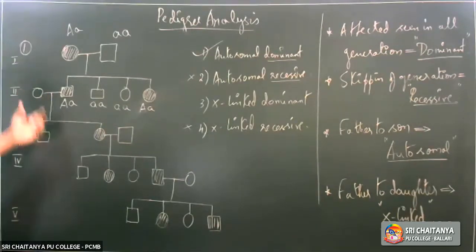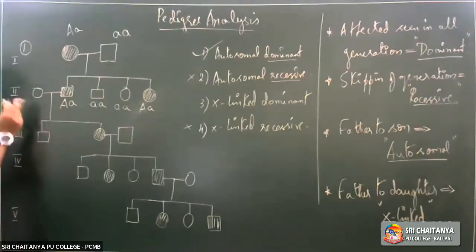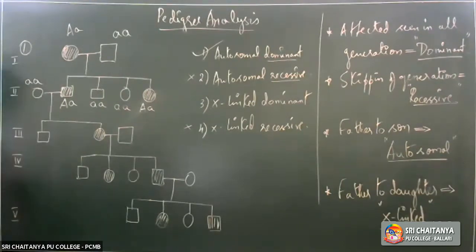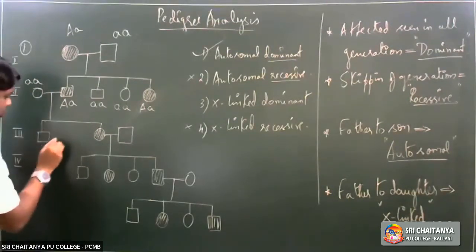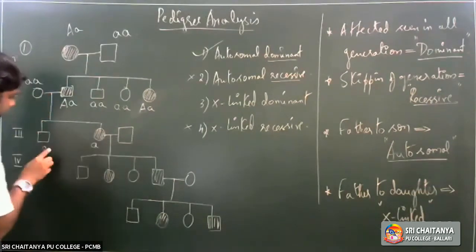Let us talk about the genotypes in the second generation again. We said that this affected son marries a normal woman. A normal woman means small a, small a. Now let us see the genotypes in the third generation. The mother has both alleles recessive, so she gives one recessive allele to the son and one recessive allele to the daughter.